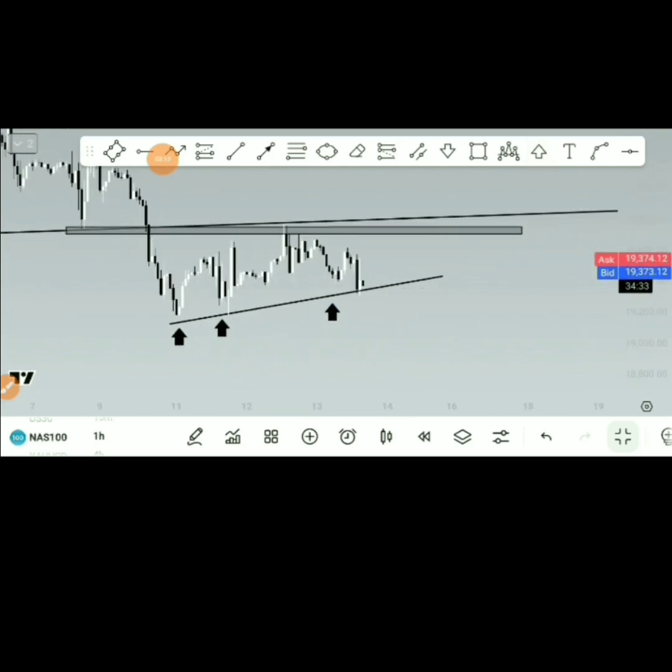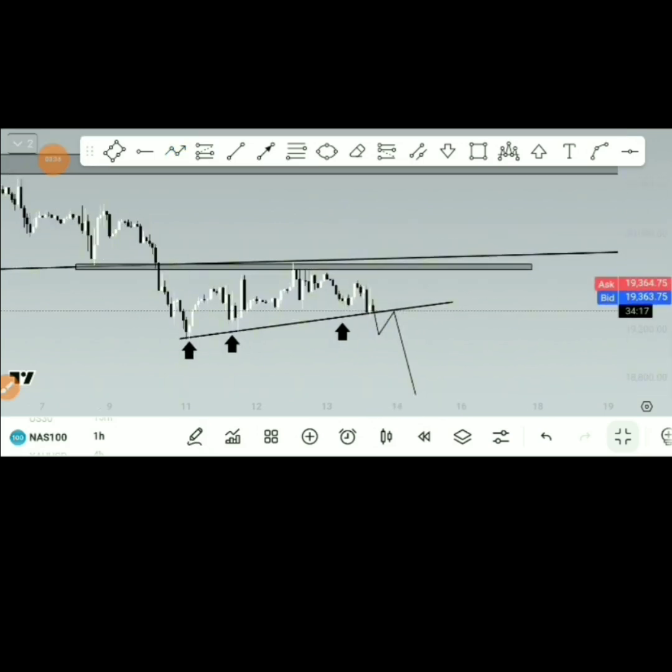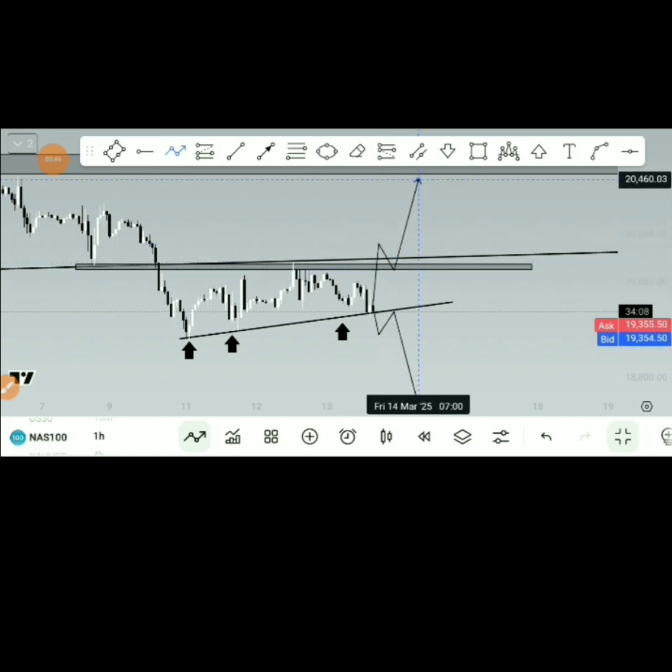Anytime you have a trend line and there is a third touch on that trend line, pay close attention to it. Either we have a breakdown and a retest to the further downside, or you are patient enough for the third touch to break above here, retest, then go for the upside.